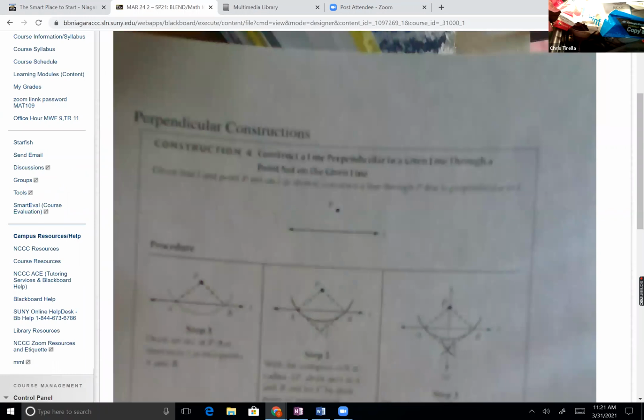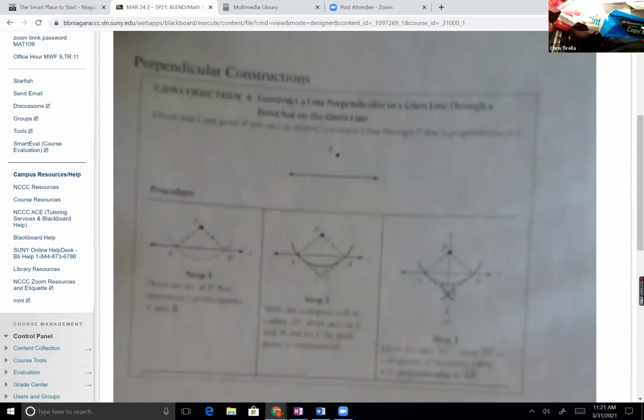I found it. In the notes, we looked at doing construction and we had said to construct from a point off a line.